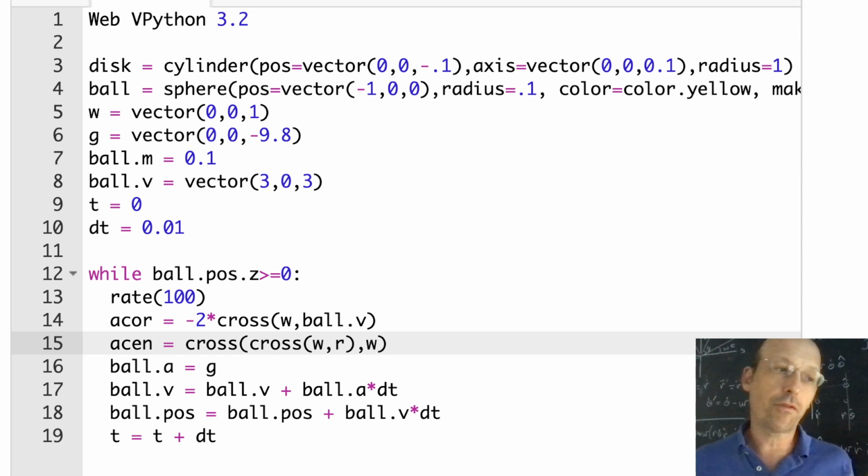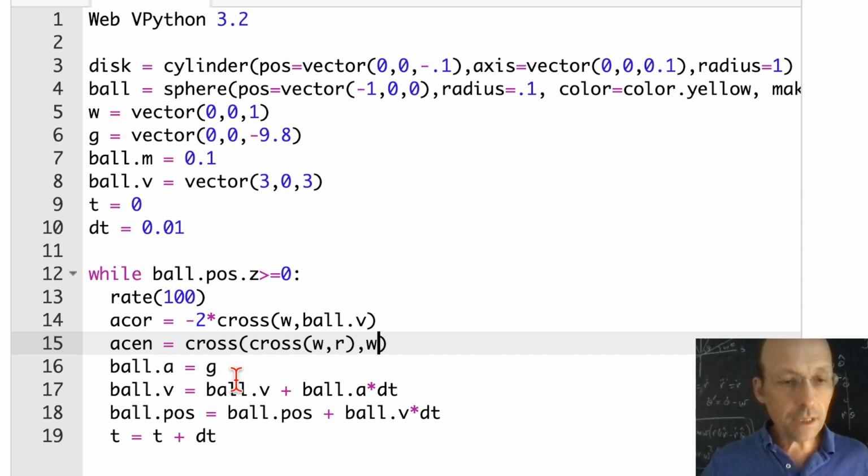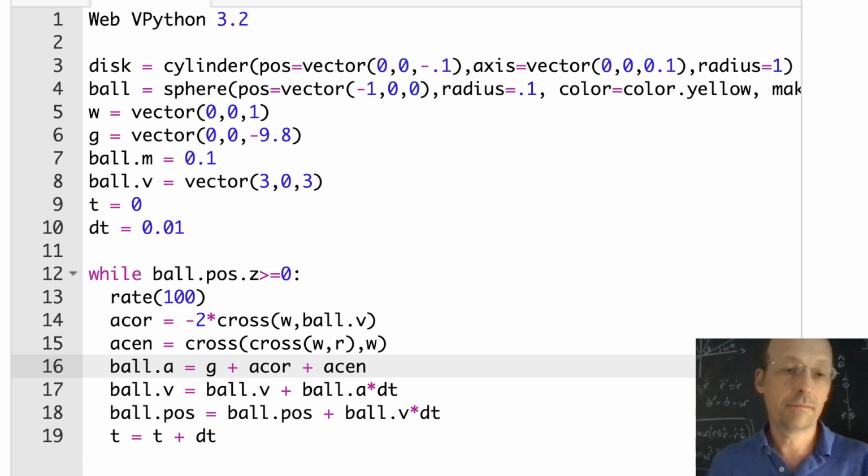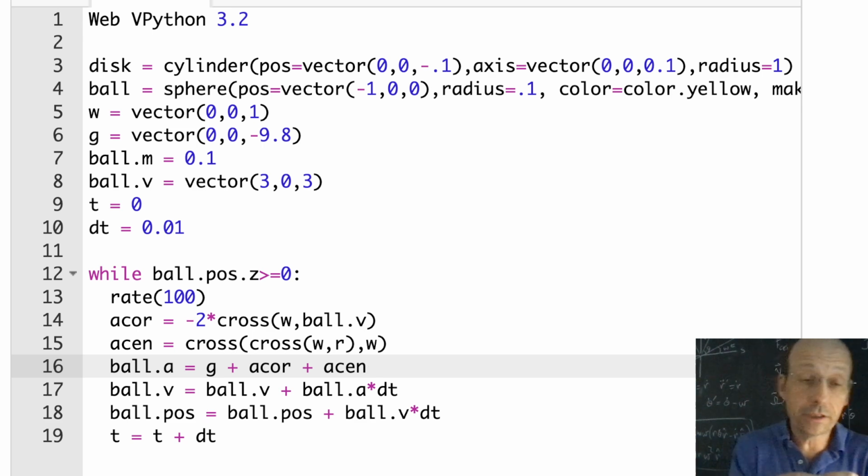So it's a cross product of a cross product. You can do that. No one cares. Python doesn't care. And now my acceleration is just going to be equal to a_cor plus a_cen. So I'll get both of those accelerations in there.